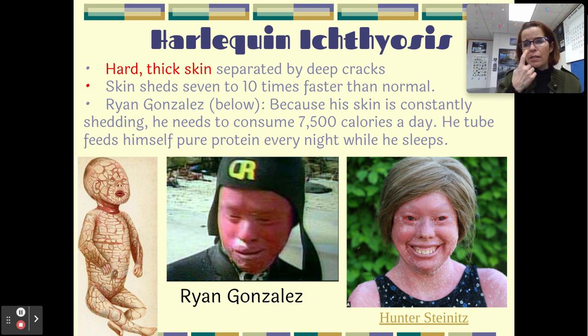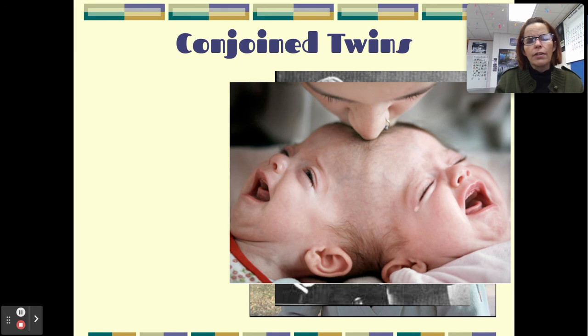He actually runs a tube up his nose and down his throat and into his stomach. And then he has a machine that pumps protein into his body because he can't eat enough to feed his constantly growing skin. I know that sounds crazy, but cell division, which is what makes the skin, requires so much energy that he has to eat a lot of extra stuff.